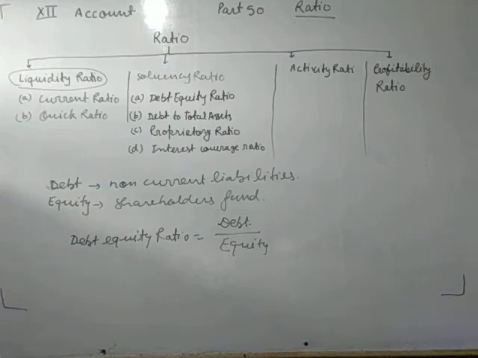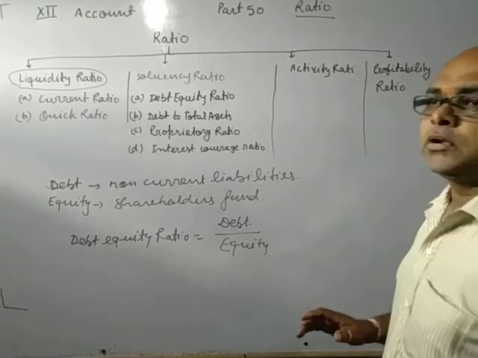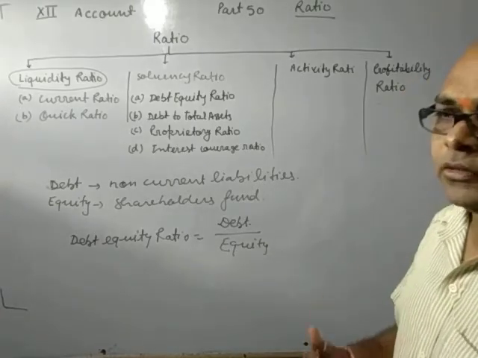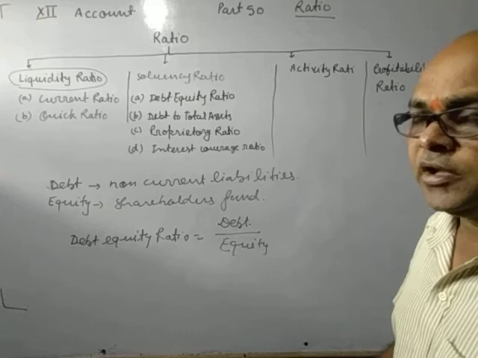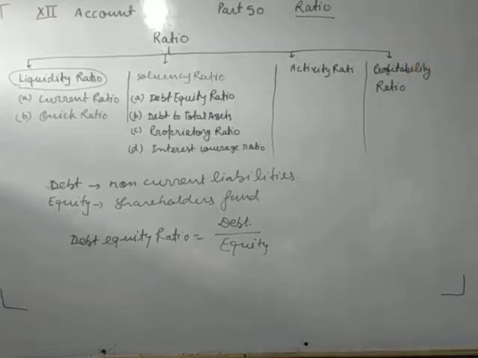Why do we calculate the debt equity ratio? From the debt equity ratio, the person who is providing the loan can understand that whatever the loan of the company is, his original funds are more than his loan, so his loan is secured.